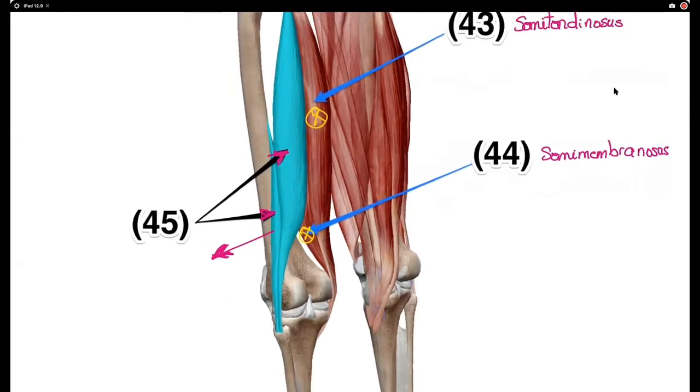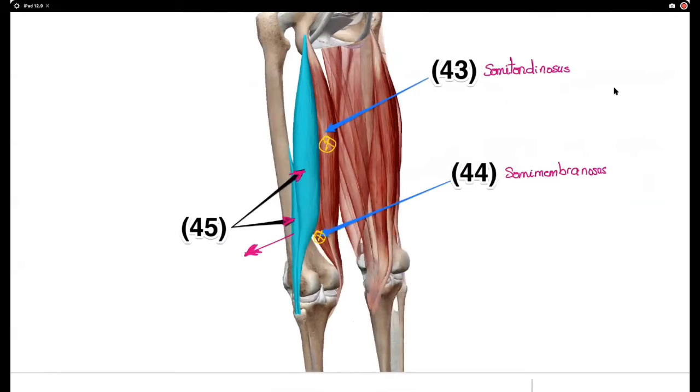How about the muscle with two heads? Here, number 45, located on the lateral aspect of the posterior compartment of the thigh. What do we call this muscle? Yeah, with two heads, so we're going to call it biceps.